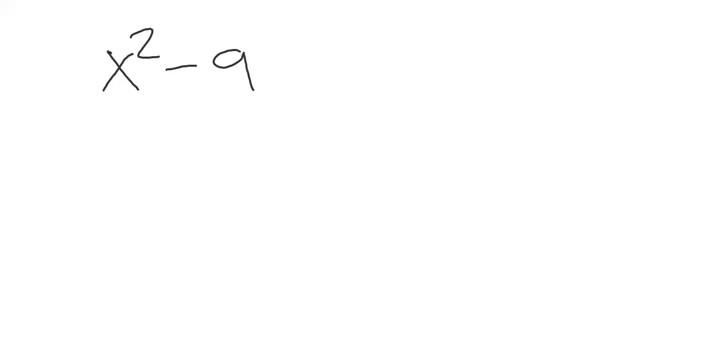Now, to factorize this, this is what I do. Firstly, I start off by inserting an equal sign here and putting a 0 there. Then the next thing that follows is I take this number to the other side of the equal sign.